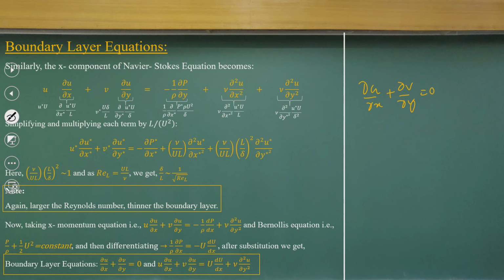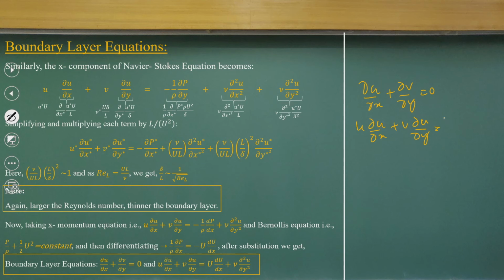The second is the boundary layer equation, u del u by del x plus v del u by del y, with the help of Bernoulli's equation applied along the streamlines, which are not affected by the boundary layer.